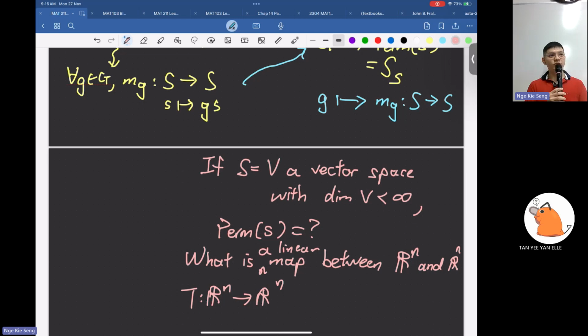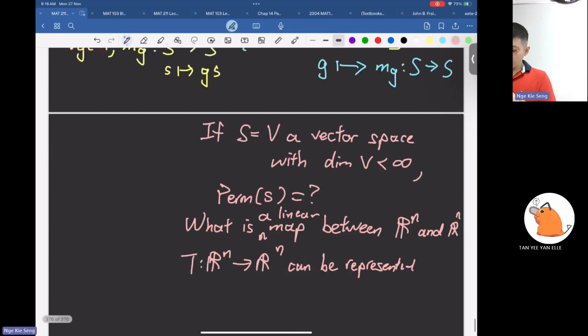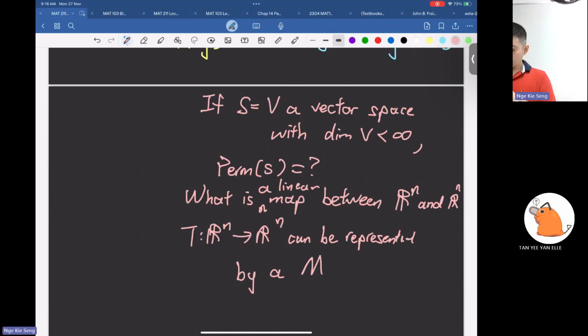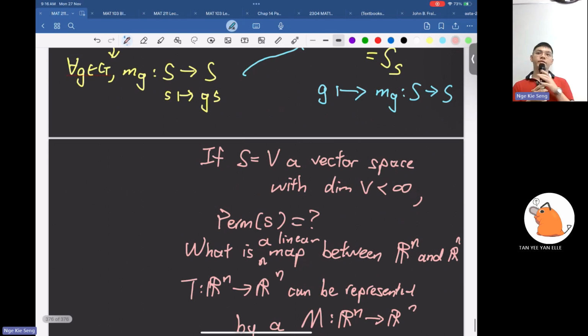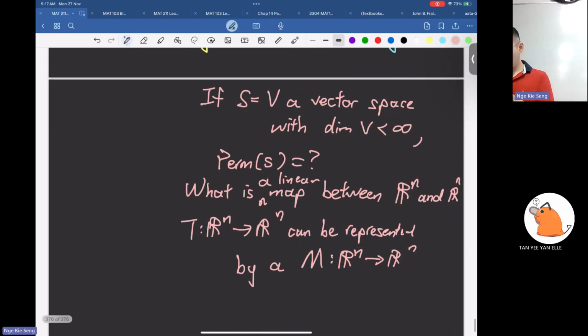Linear transformation, yes. For a linear transformation, you have to tell how you send the basis, and this determines where all the vectors get sent. So it can be represented by a matrix. You can use a matrix to write down the linear map. If it is R^n to R^n, the matrix size is n by n.